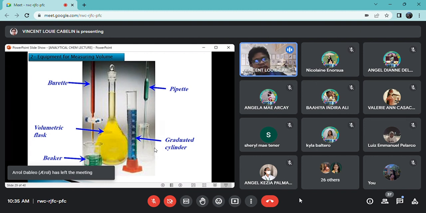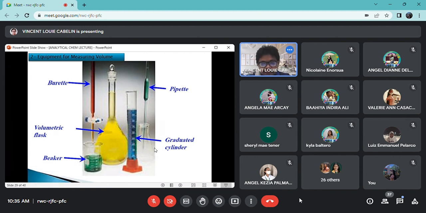So most of these, if you notice, are made of glass. Glasswares. That's why we call them laboratory glasswares. These laboratory apparatus or equipment for volume are usually made of glass because glass usually does not react with the chemicals that we use in the laboratory. That's why we use glass instead of plastic or wood or metal, which can corrode through time.